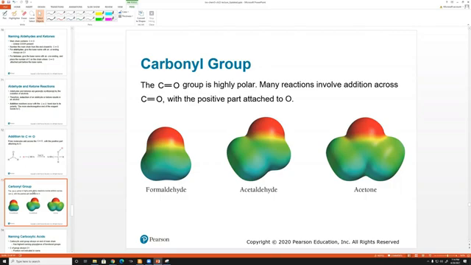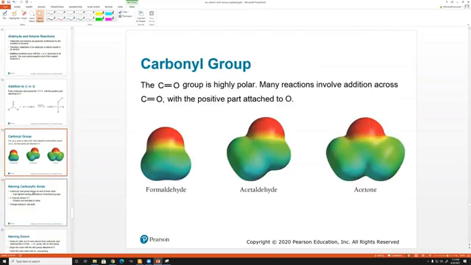Carbonyl groups, here we go, it's just the polarity of it. Before, we talked about organic molecules that are not very polar; these are pretty polar. Depending on their chain length, the longer the hydrocarbon chain, the less polar it is, because the more nonpolar things you put onto a compound, the more nonpolar it's going to be. Generally, CHs are not polar, but the more oxygens you put, the more polar it's going to be.